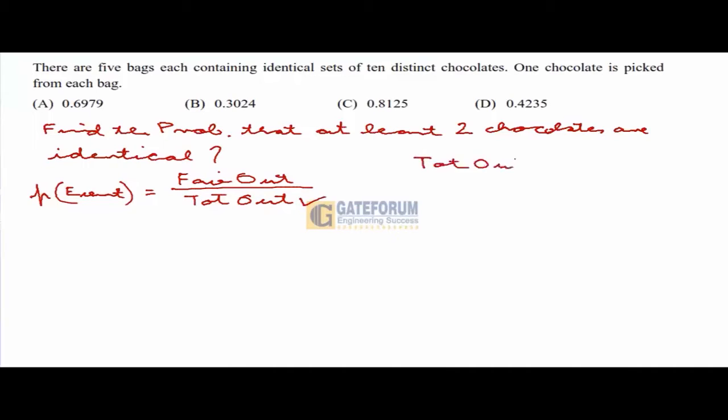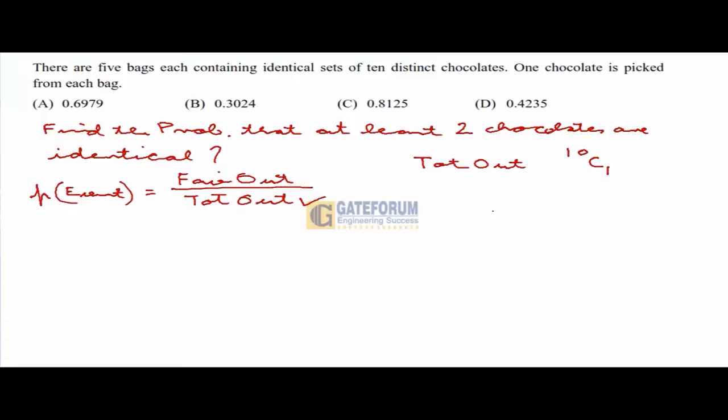You see, from the first bag, in how many ways can I select one chocolate? Obviously, it would be 10C1 ways. Out of 10, I can pick up one. In the second bag, how many ways can I select one chocolate? It would still be 10C1. And such would be the case in all the 5 bags separately.